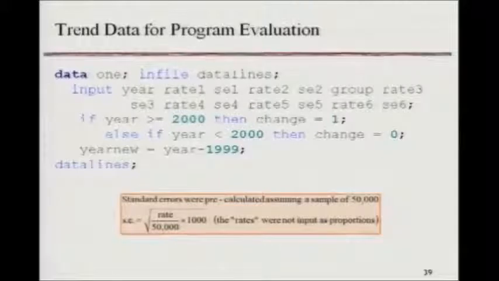And then I've created a new variable here. This is where I think the change is, so I've identified the year at which I'm going to hypothesize there's an inflection point. You could have called it program. That's just a dummy variable, like after the program, before the program.